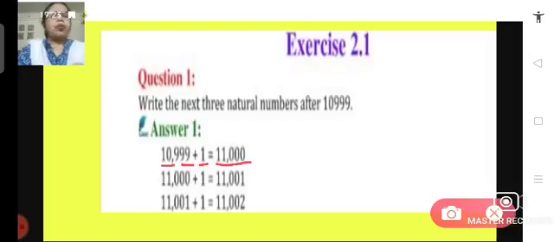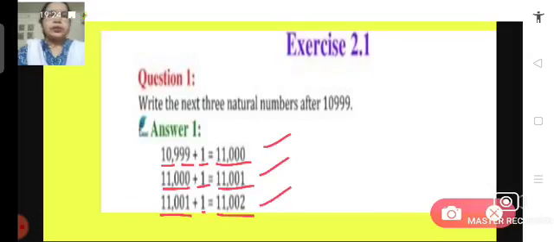Then we add 1 to 11,000 and we get 11,001. Adding 1 to 11,001 we get 11,002. So the next 3 natural numbers after 10,999 are 11,000, 11,001 and 11,002.